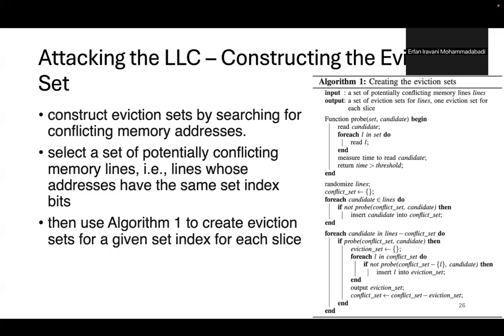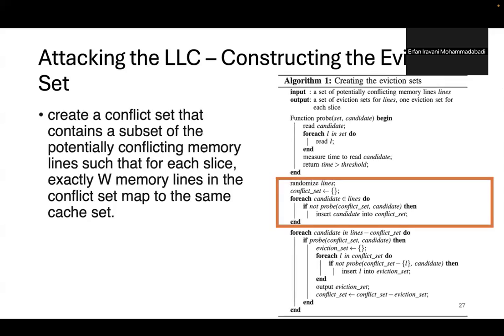So this algorithm here constructs eviction sets by searching for conflicting memory addresses for a given set index of each slice. A conflict set is a subset of memory lines that all map to the same cache set. The goal is to find exactly W lines that will conflict in a given set, ensuring any new access causes an eviction.